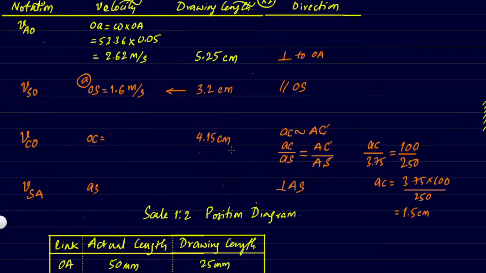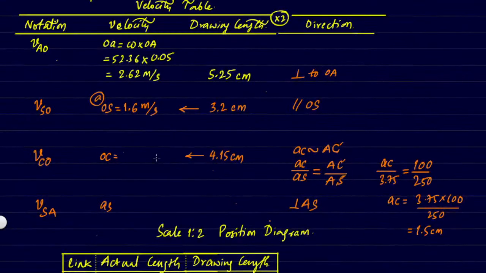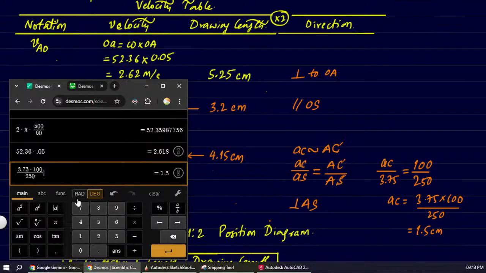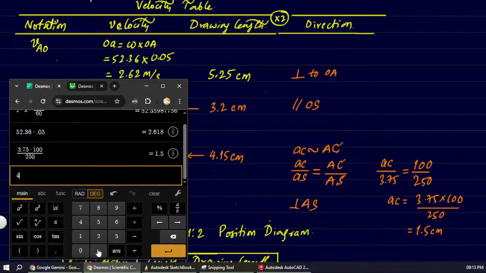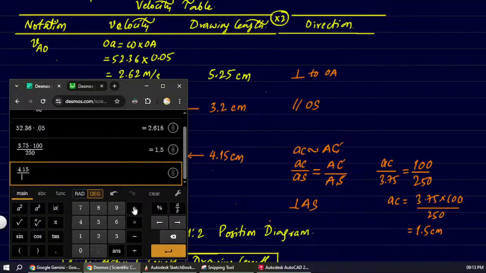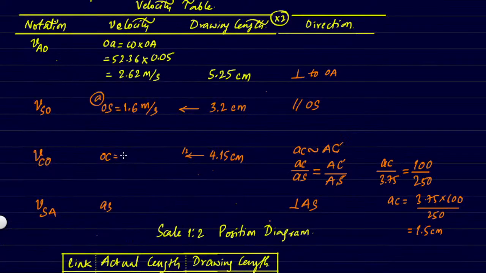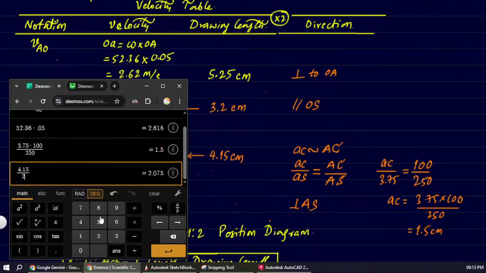So this is what we have drawn. We have taken it from the diagram in centimeters, so we will have to convert it back to meters per second. To convert it back, we will have to divide it by 2. So 4.15 divided by 2, we get 2.075 meters per second.